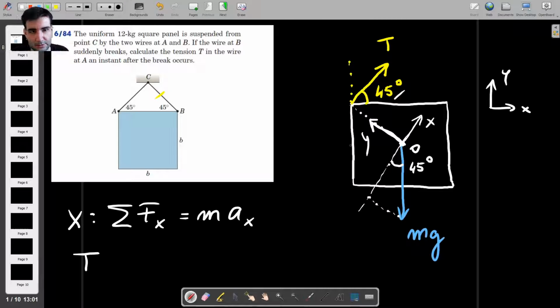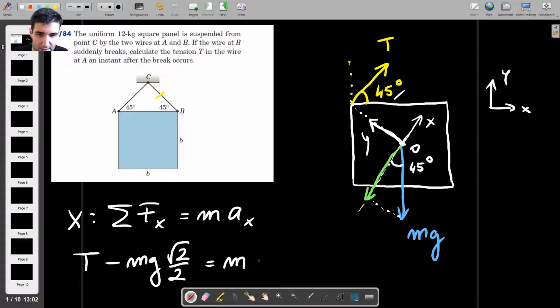But this component of weight is in my negative x direction. So we'll have minus mg, and then we have cosine or sine of 45 degrees. It doesn't really matter because it's the same angle in both cases. The correct thing to write would be cosine, and that would be square root of 2 over 2, and that is the mass times ax.